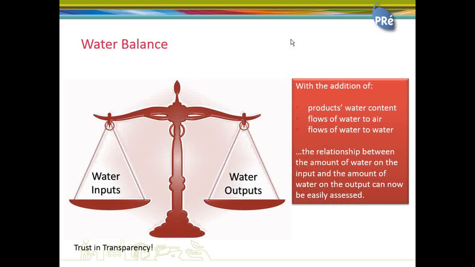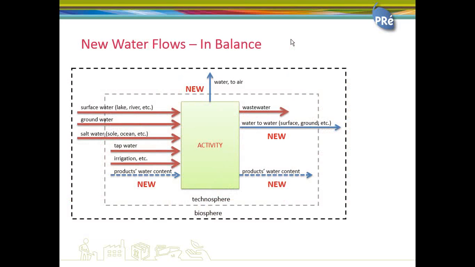Another area that I think is of particular interest and represents a great advance in the ability to do water footprinting is the attention that ecoinvent has paid to creating a true water balance in the data and methodology.